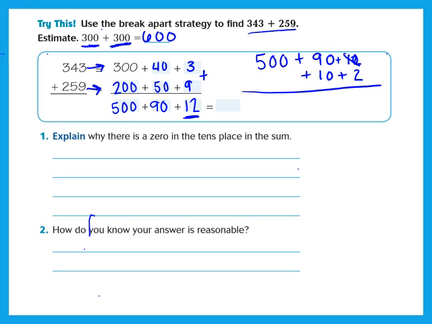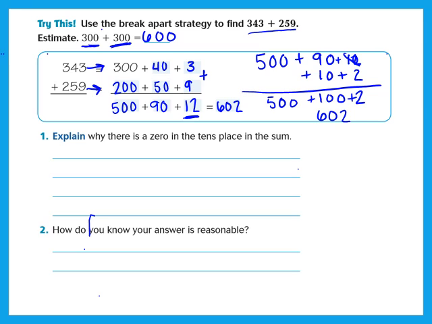So now when I add, I have 2 plus 100 plus 500. When I add that, 500 plus 100 is 600. 600 plus 2 is 602. So my final answer is 602.